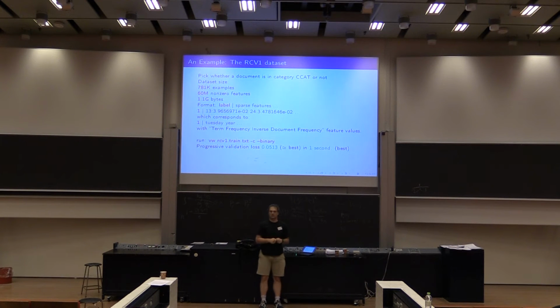If you looked at a traditional statistics handbook, and you said, I want to do ridge regression, which is essentially what's happening here, it would tell you to create a data matrix, which has about 2.5 billion entries, and then invert it in order to find the solution. This solution is essentially the best that's been found anywhere for these features, and we're doing it in 1 second.